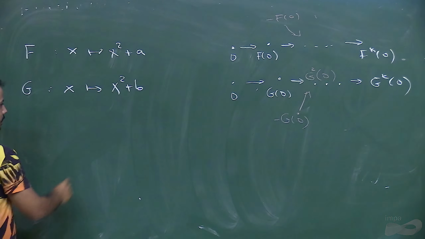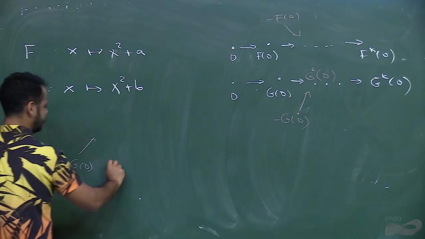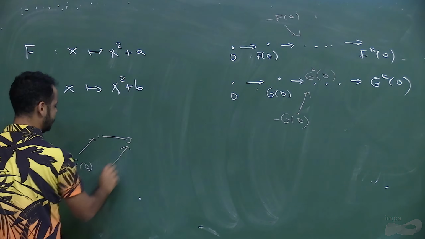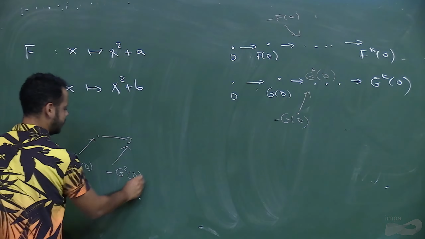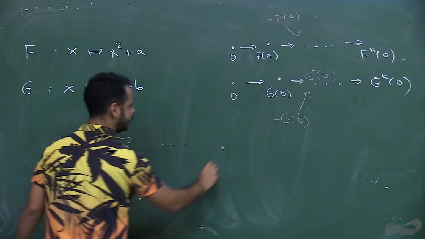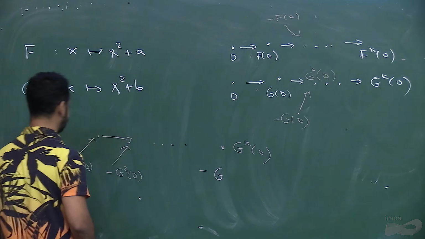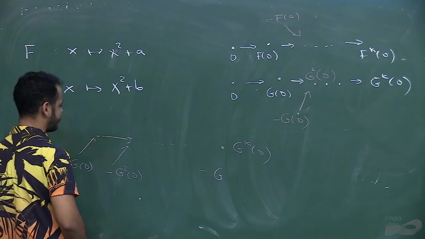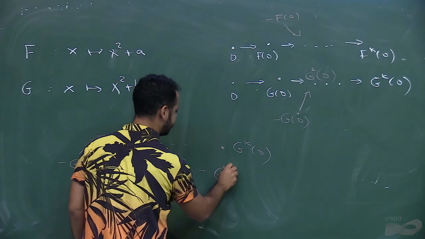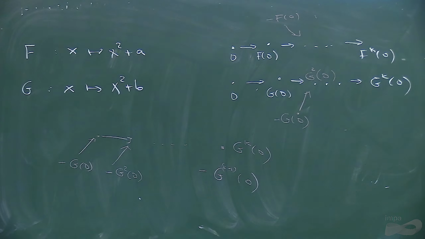And so I basically look at this picture, right? So I have here minus G0, minus G squared 0, etc., to GK0 minus G K minus 1, 0. And the same picture for the map F, right?